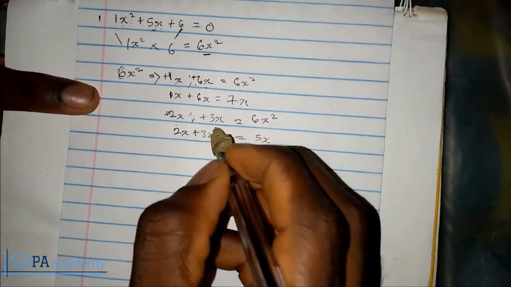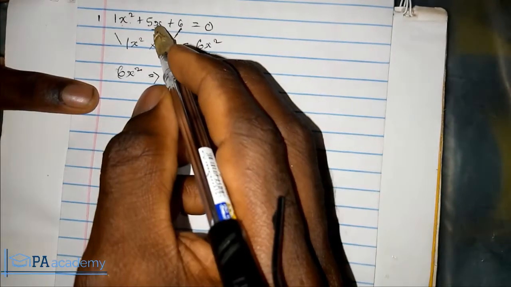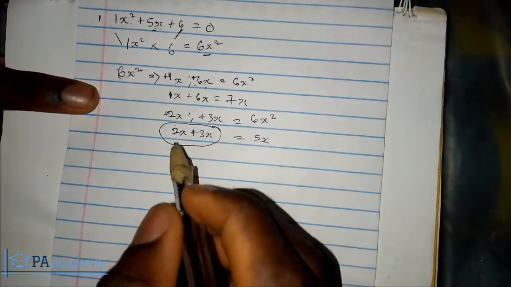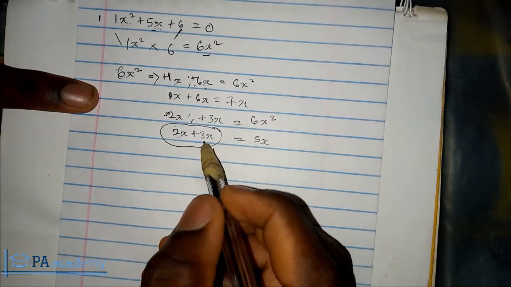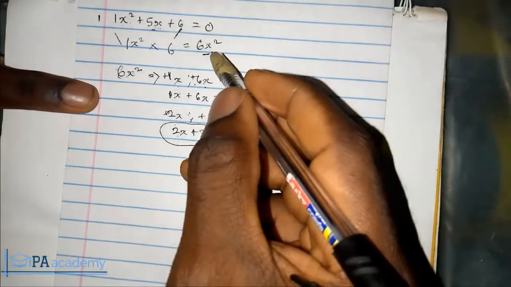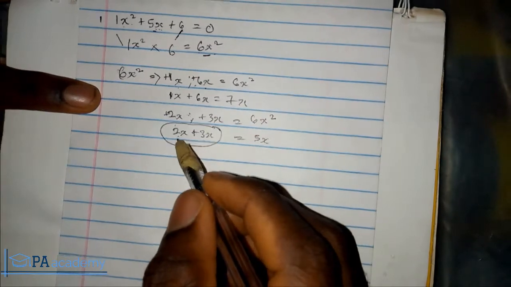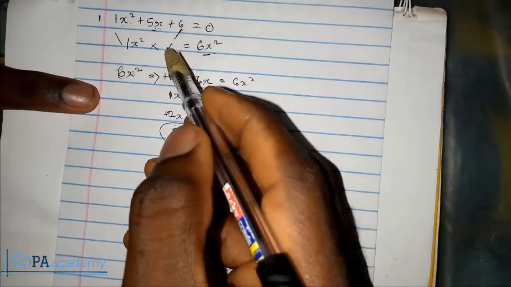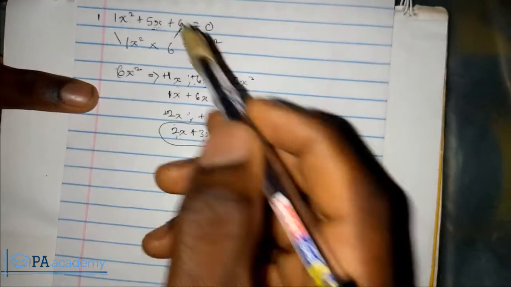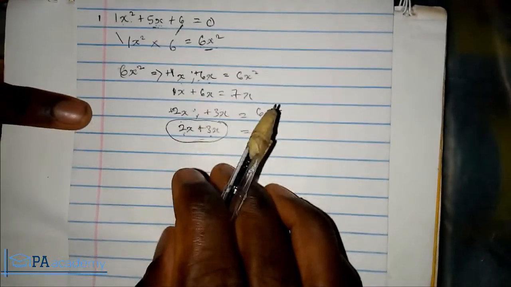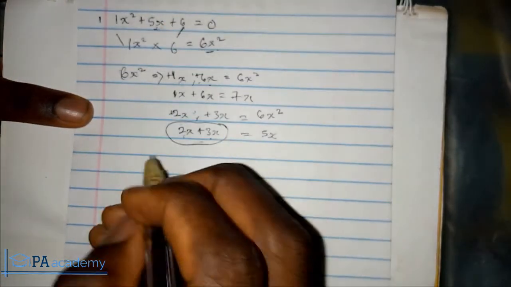So you can see this is what we need to replace 5x with. Because when we multiply 2x by 3x, we get 6x squared, and when we add 2x plus 3x, that will give us 5x. So now that we've gotten the values, we are going to substitute them for 5x.